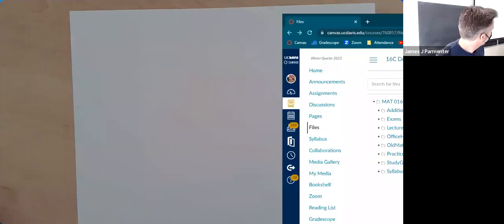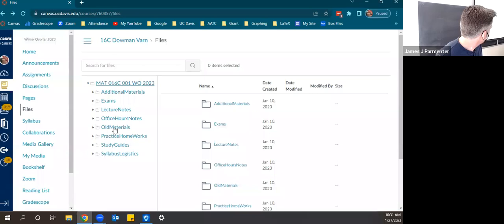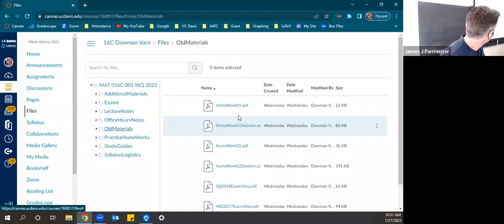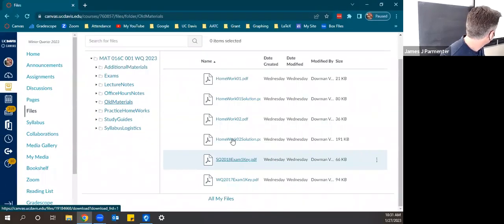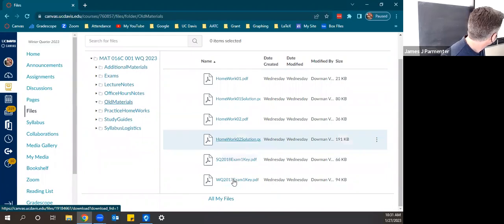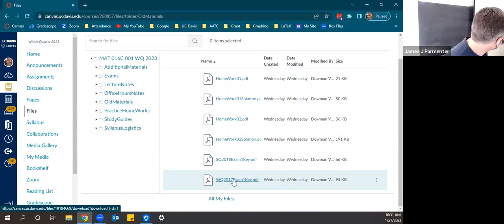It's in files. Old materials. Those two at the bottom. It gives you the key, not just the blank exam. Yeah, there's no blank. It's annoying.